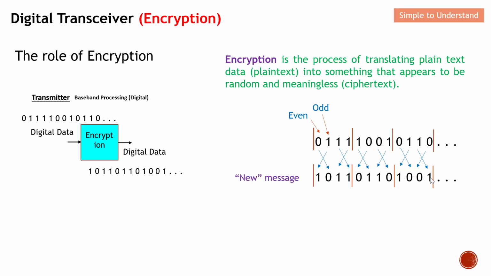However, when this message is sent over the air, those who do not have the protocol will not be able to understand what message I want to send. So this is the role of encryption.